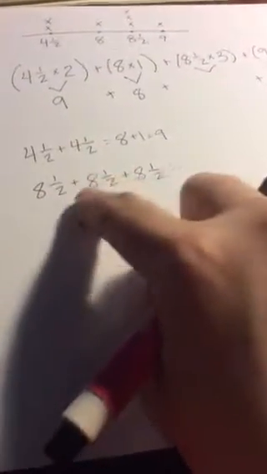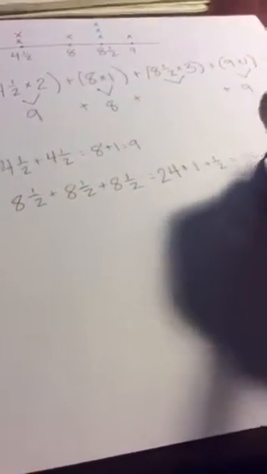Alright, so again, 8 plus 8 is 16, plus 8 is 24. A half plus a half is a whole, and that leaves me with one more half. So that's going to be 25 and a half. I can write that up here.